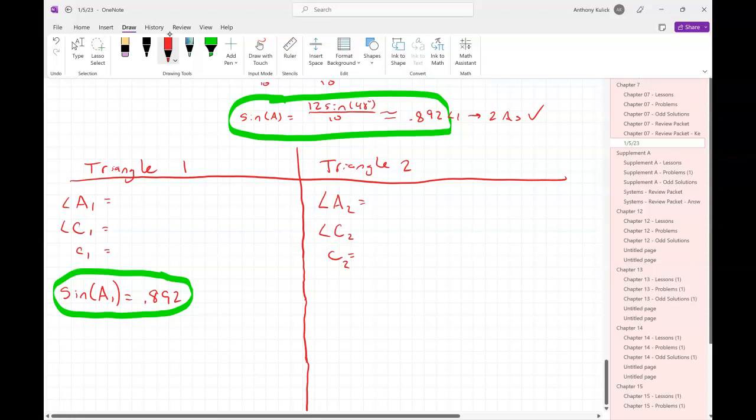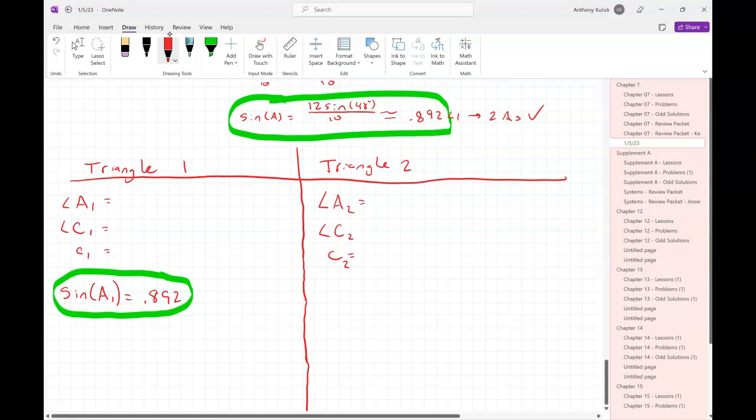How do I solve for angle A? If I have sine of A equals 0.892, what do I have to do to get the A by itself? No division. How do you cancel out that sine that's wrapped around the A? We did this last semester. Not division, because sine isn't multiplying A. Sine's an operation operating on A. Yes!